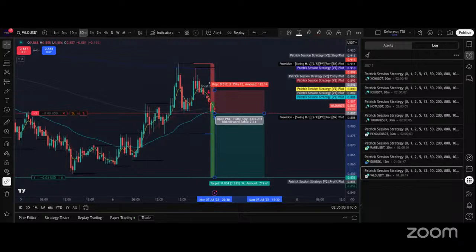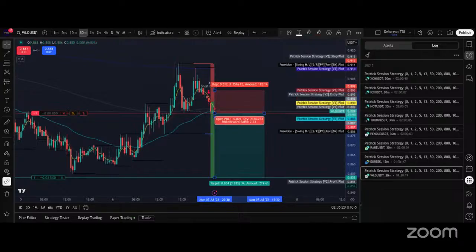And this is a market execution sell. Risk reward of 2.83. Take profit is 0.853. And that is going to be for 34 pips.